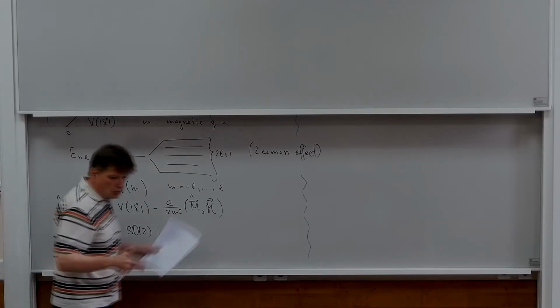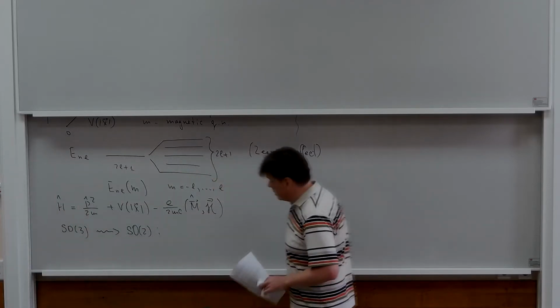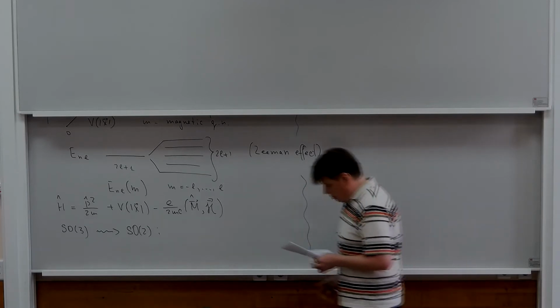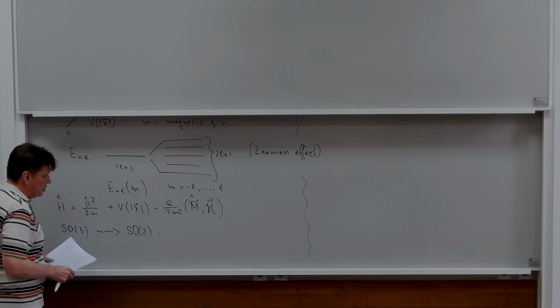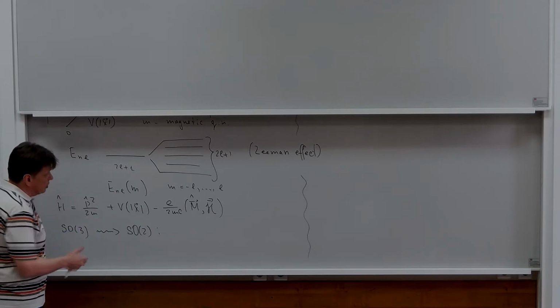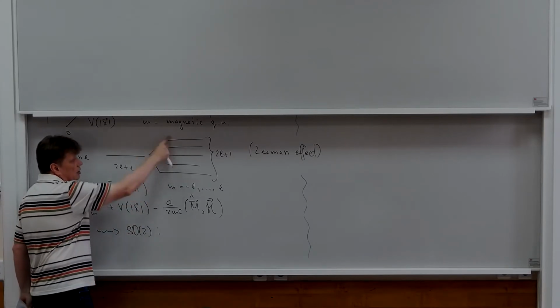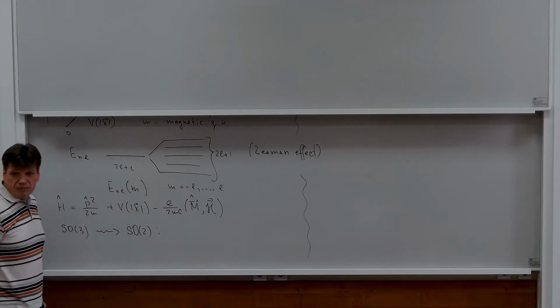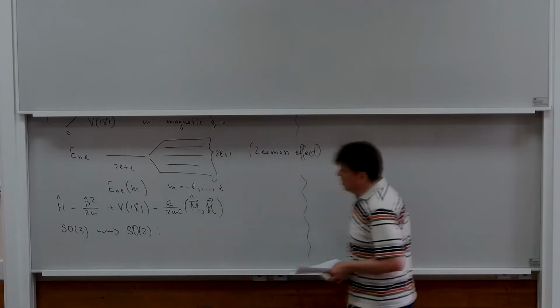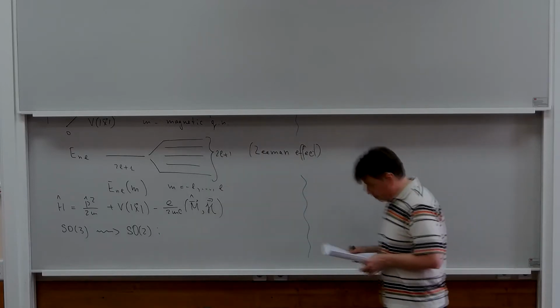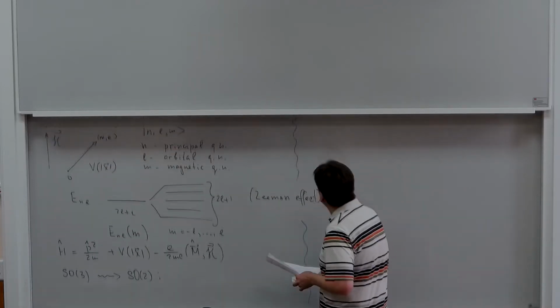It has no higher-dimensional representations, and this implies immediately the complete splitting of the degenerate energy spectrum, because the symmetry group is abelian, or commutative. Okay, so far so good.